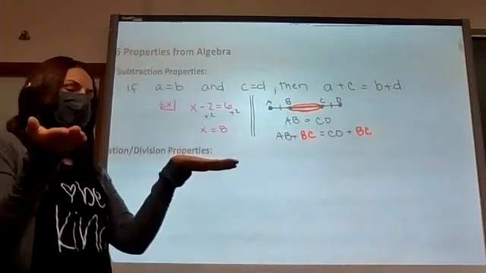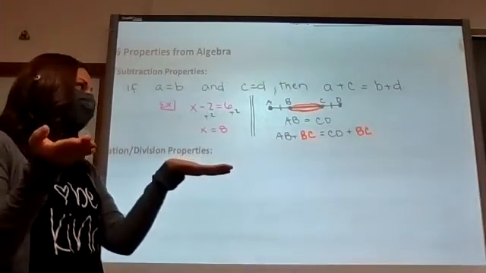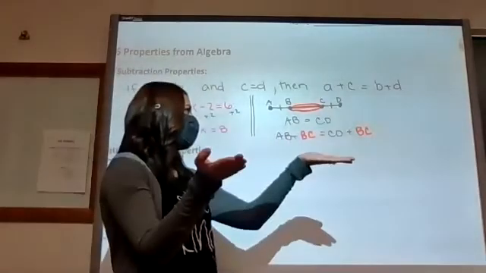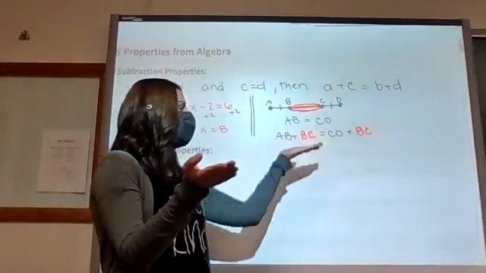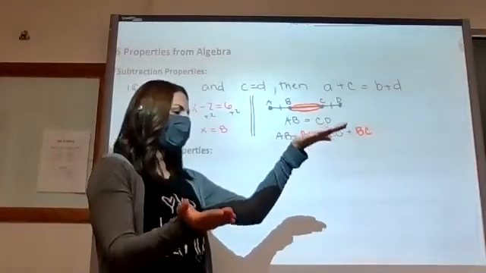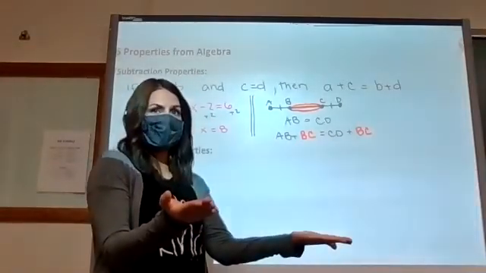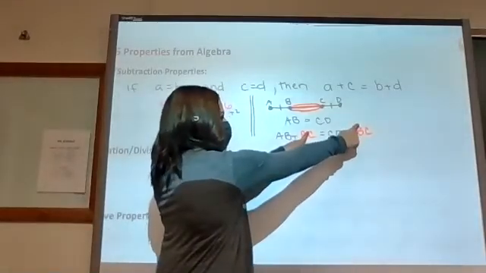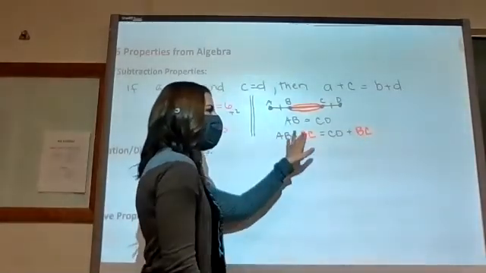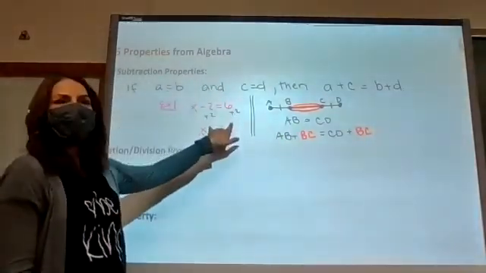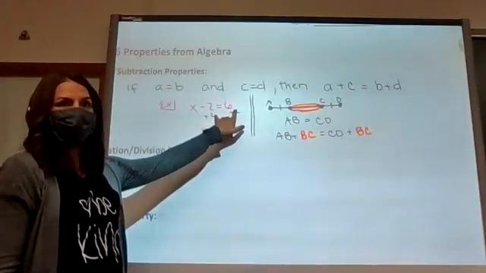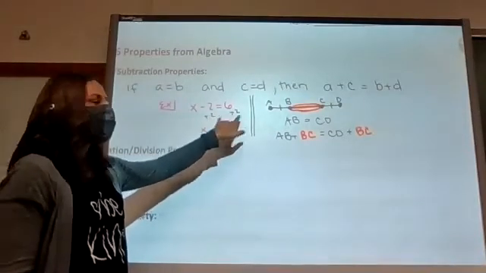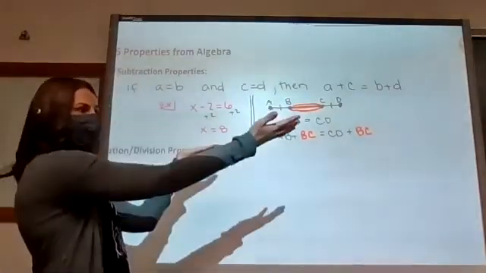Again, let me give you a scale. I had an equation, AB equals CD. If I'm going to add BC over here, then I need to add BC over there to keep the equation the same. So all I did was add the same amount to both sides. It feels different than adding the same amount to both sides when we're solving an algebra equation, right? But it's the same property. I'm adding the same amount to both sides.